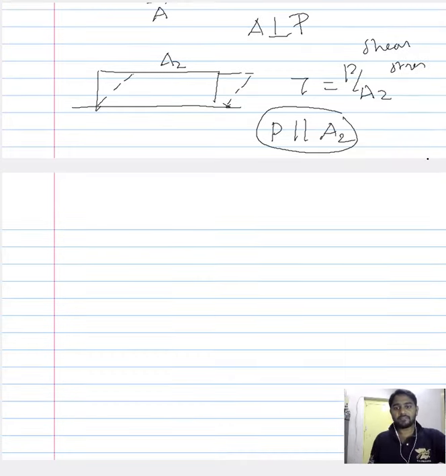So now we have shown how to quantify the shear loading condition, or the mechanical condition that causes the shear deformation. Now let us see how one can define the response of a material to such shear loading conditions.